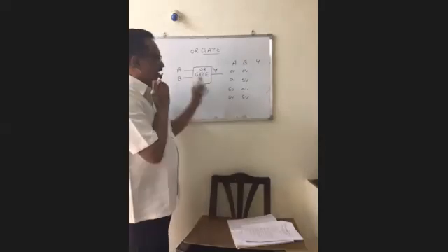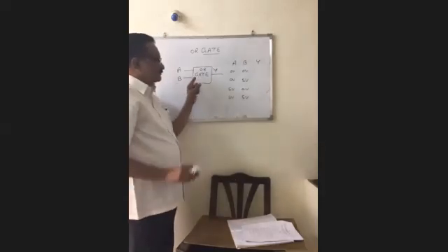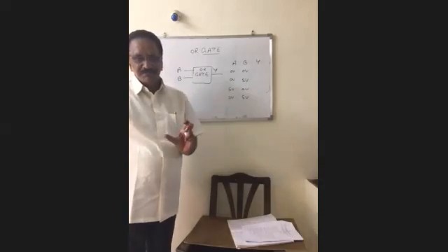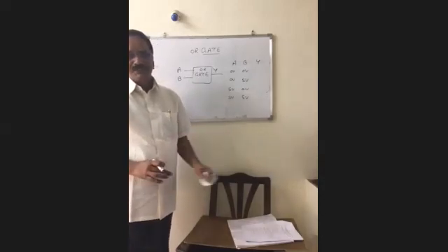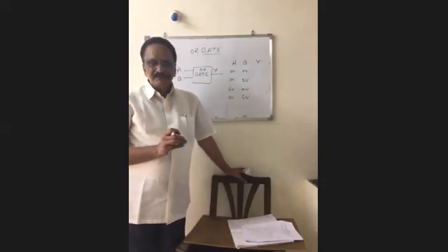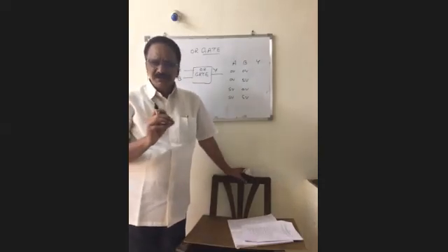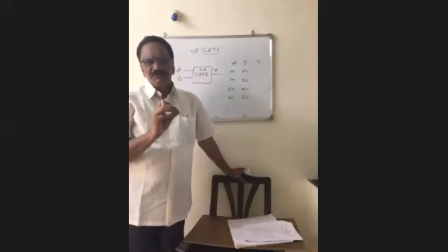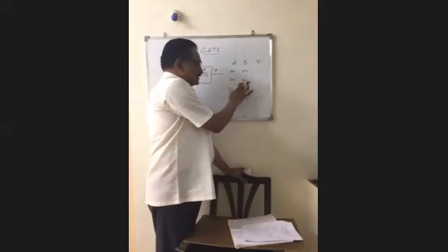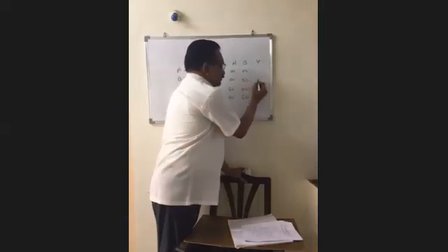In the case of an OR gate, its function is that it produces high output when any one or more than one input is high. So in this case, one input is high, so it produces high output.